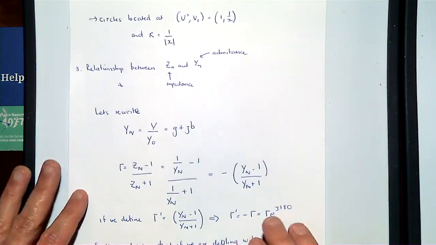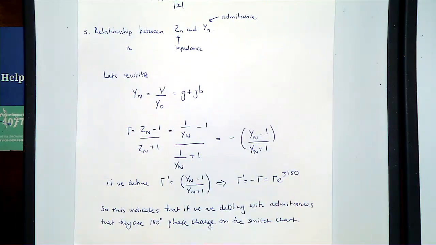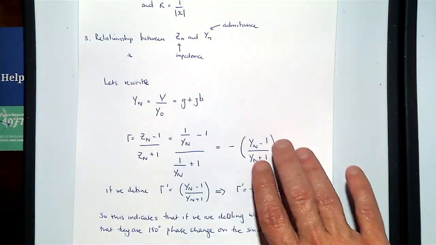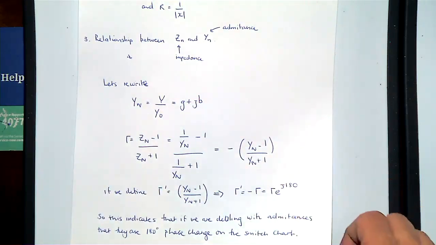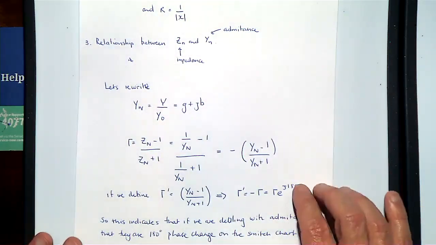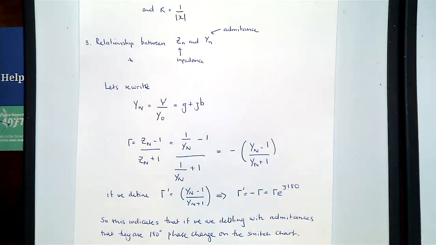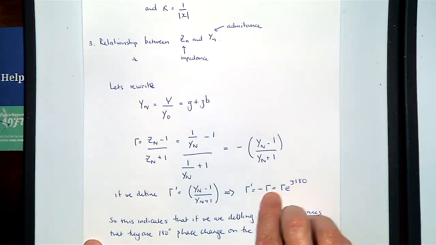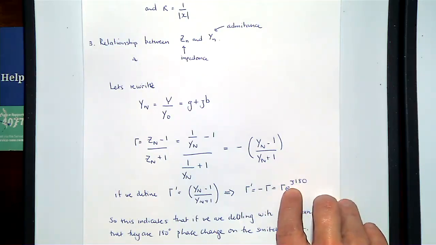Okay. Now, the other thing that's interesting about the Smith chart is, if you wanted to work out admittance from impedance, an interesting relationship is that essentially all you're doing is flipping or rotating that point by 180 degrees.